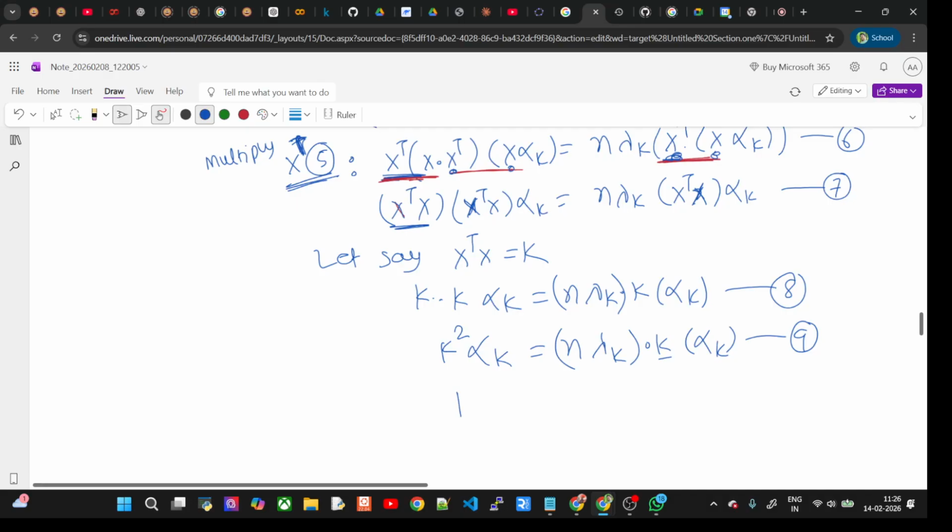So in this step, I am doing K into alpha k, because for dividing both sides by K, if I can say equation 9 by K, I am doing equation 9 by K. So K into alpha k equal to n lambda k alpha k. This is your equation 10.